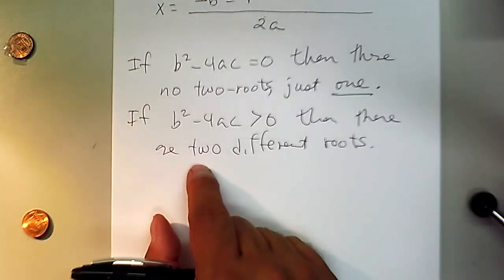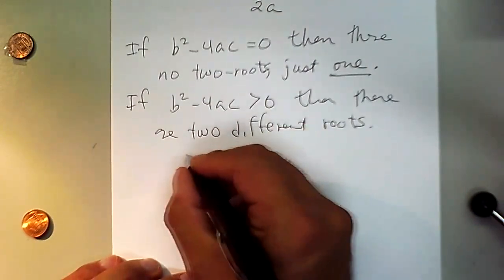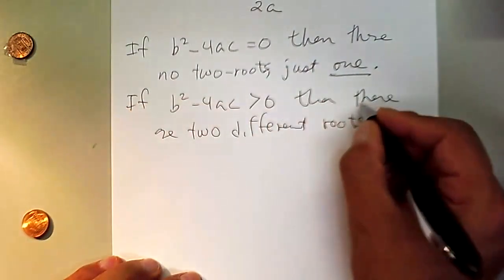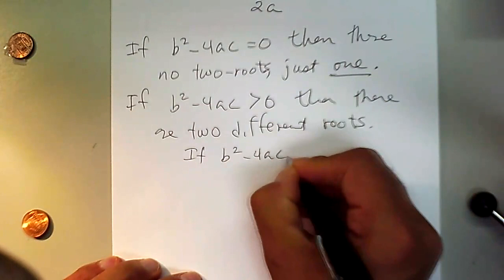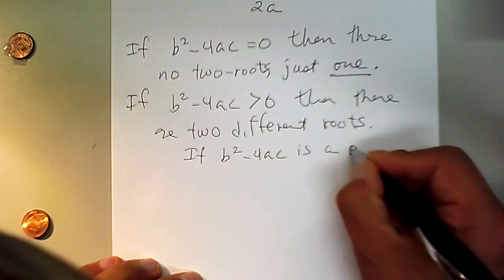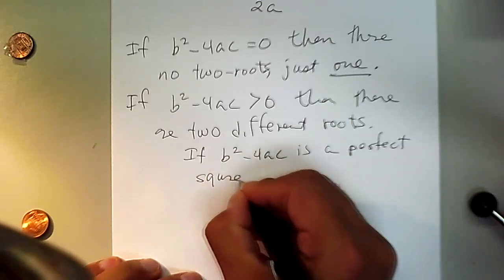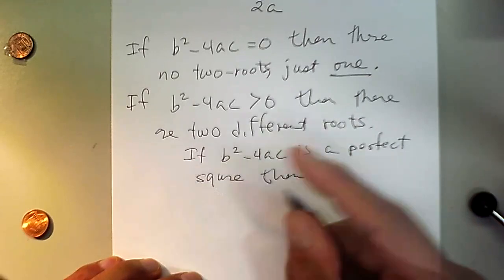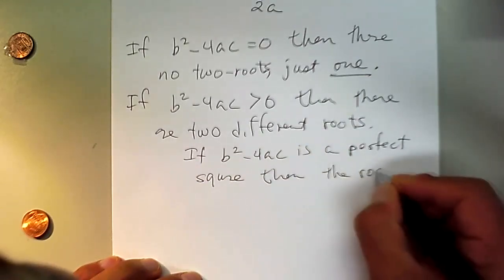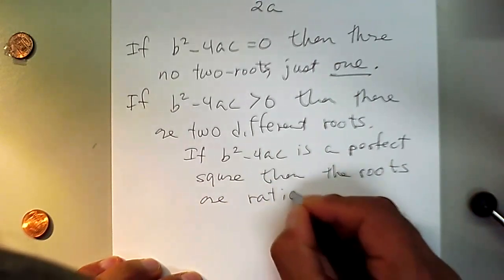So under the umbrella of this case, if b squared minus 4ac is a perfect square, then the roots are rational numbers.